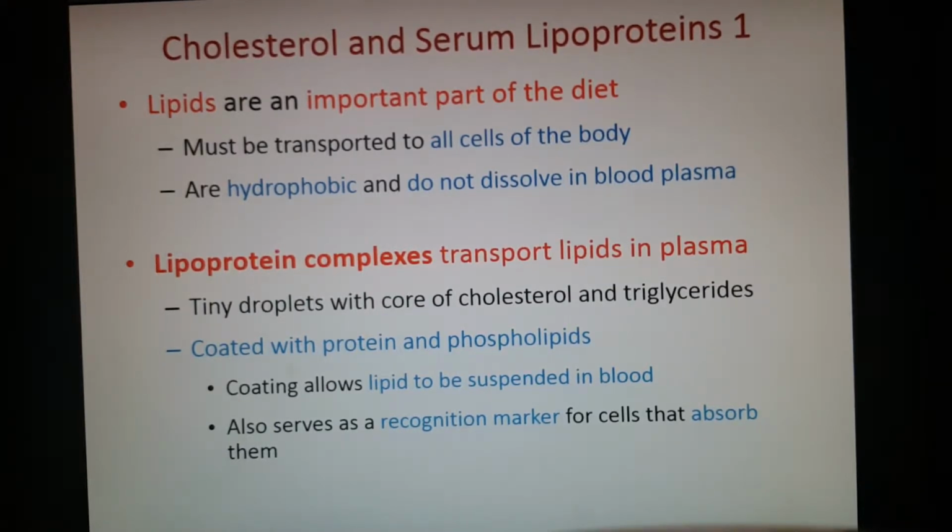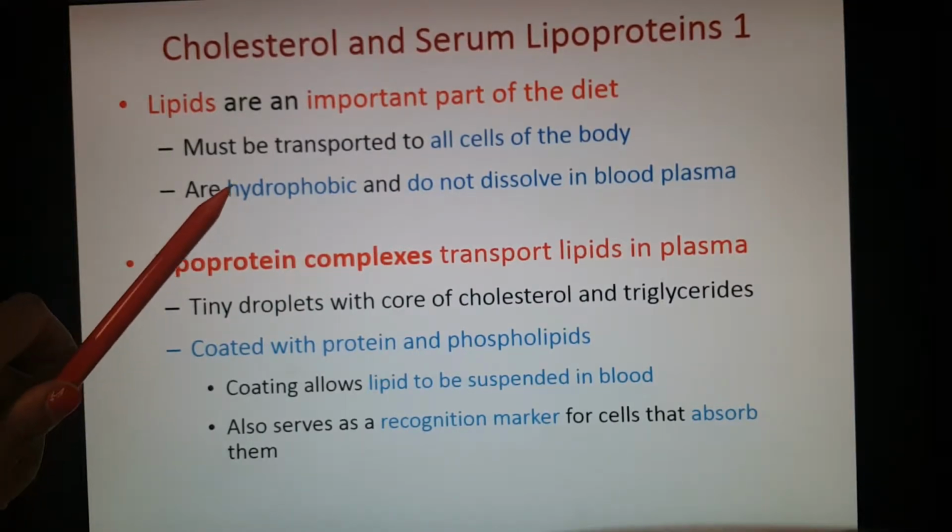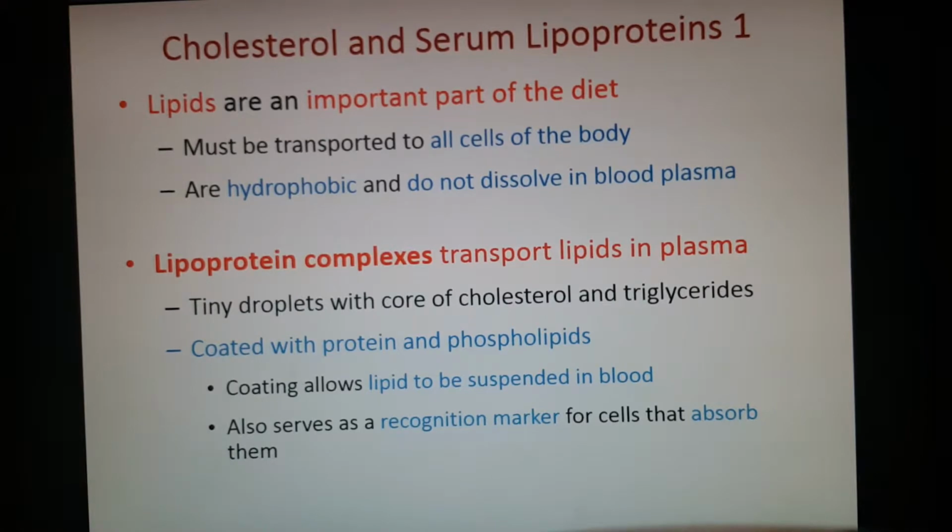So skipping ahead to lipids. Because lipids are hydrophobic, which means they do not like water and therefore will not dissolve in your blood plasma, they have to be transported in their own vehicles. And those vehicles are called lipoprotein complexes. There are multiple types that we'll go through in a little bit.